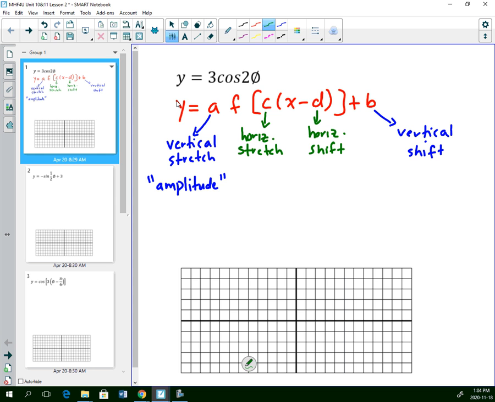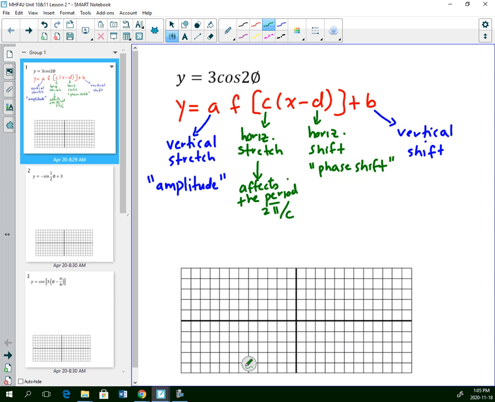The horizontal shift is also the phase shift, right? So it's just a different name. Horizontal stretch affects the period. It's not the period, but it will stretch the period, right? So the normal period is 2 pi, and then that will be divided by whatever that value of c is.